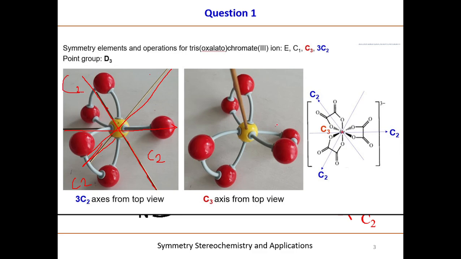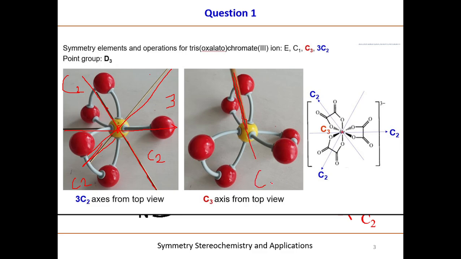Now in the second image you can see here, this is the principal axis, which is perpendicular to all these three C2 axes. You can see clearly in the image, it is perpendicular to all 3 axes, and it is passing through only the center atom, not through the ligand atoms. Only through the center atom the C3 axis is passing.